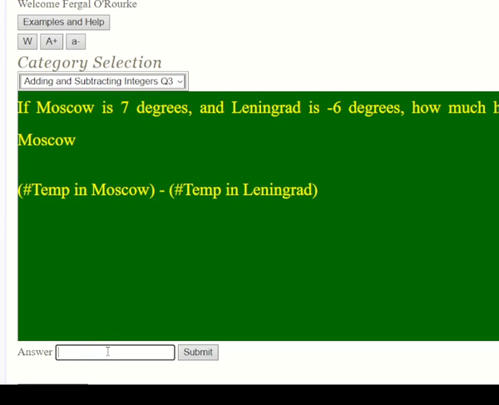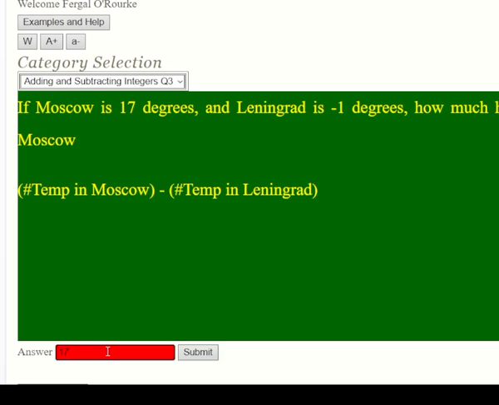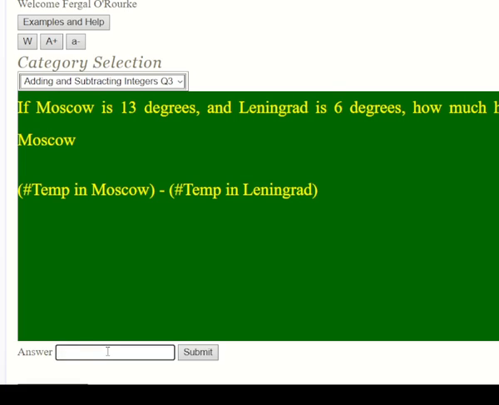So 7 plus 6 is 13. 17 minus 1 is 16. 24 minus 6 is 18. Negative 7 take away negative 8 is the same as negative 7 plus 8, which is 1. So just be careful. Oops, I meant to type in 18 there and I lost a score. So just be careful what you do and keep working on it.